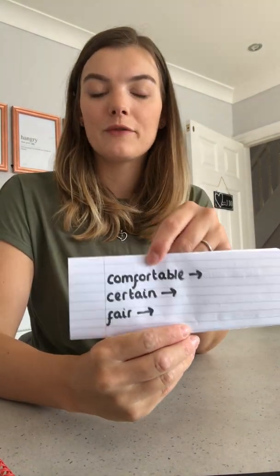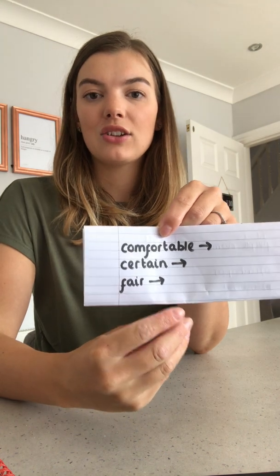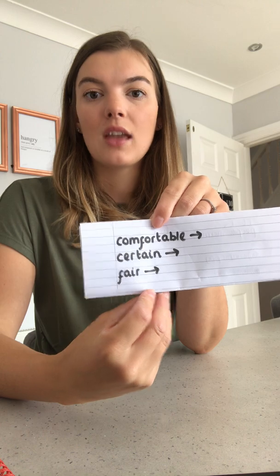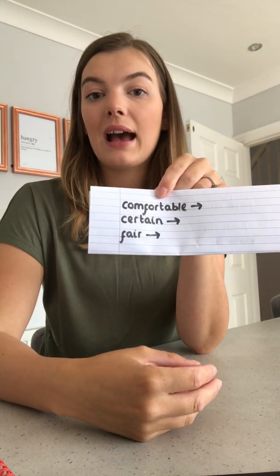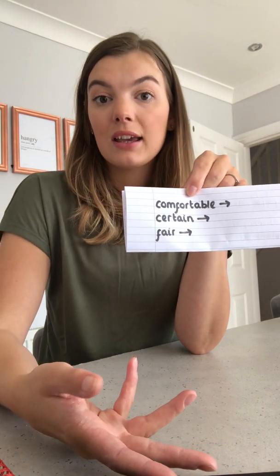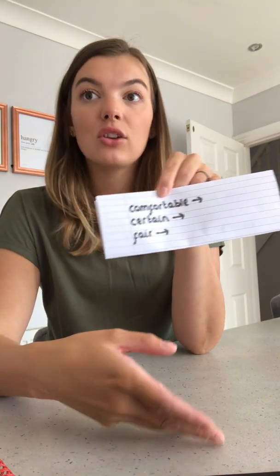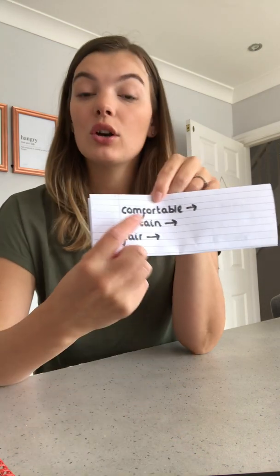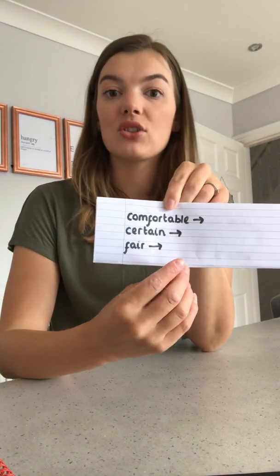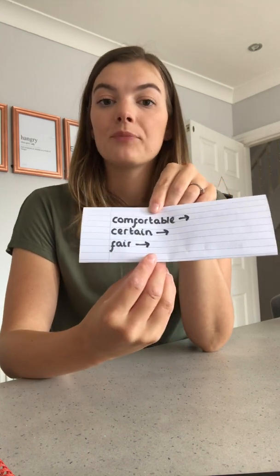Okay, so hopefully you've done that by now. So, comfortable. Can you tell me what comfortable means? So well done. Comfortable, you can have a comfortable feeling. You're okay, you're not bothered by anything, you're not scared of anything. So comfortable could be a feeling, but comfortable could also mean, the stool that I'm sitting on is comfortable because it's nice and soft.